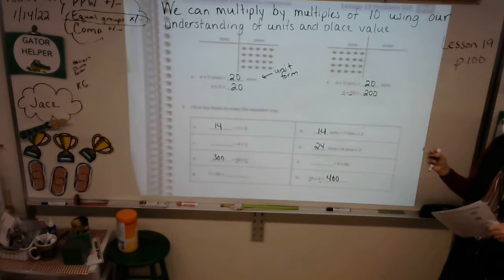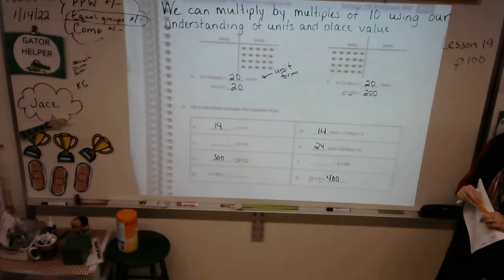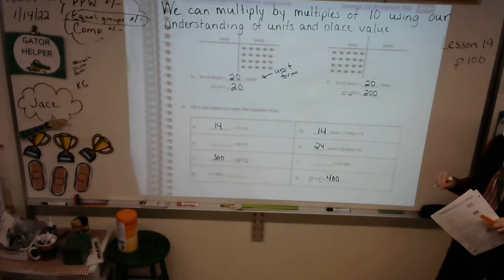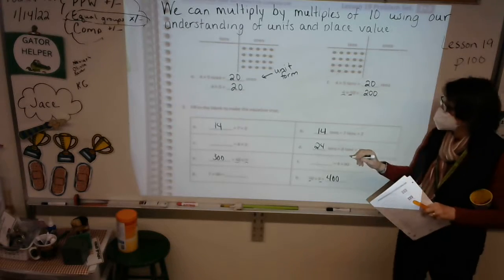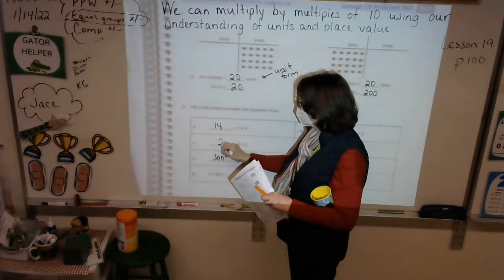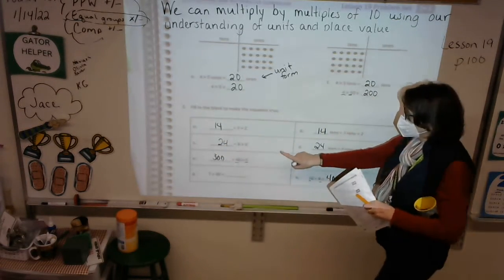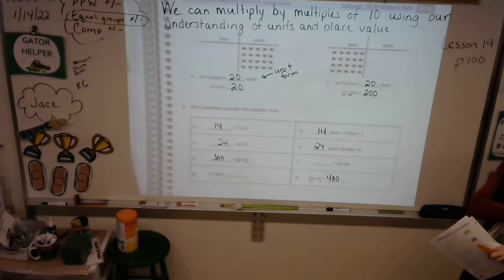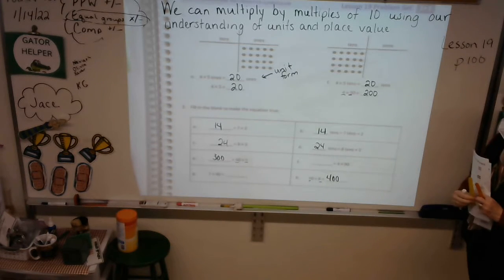Oh, this is easy. Kendall, blank equals 8 times 3. Yep. They're really just having you do it both ways, with the ones and with the tens. How about F, William?